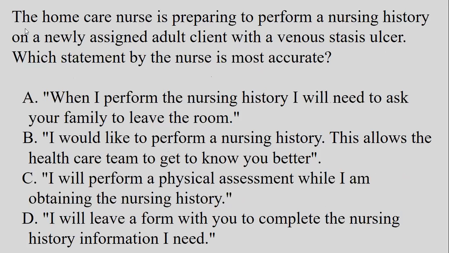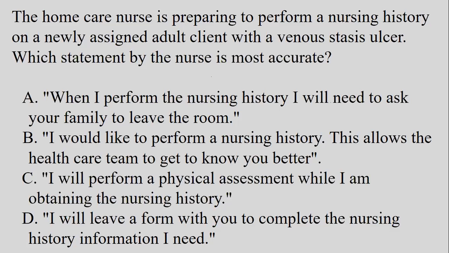Next is Lucrece. The home care nurse is preparing to perform a nursing history on a newly diagnosed adult client with a venous stasis ulcer. Which statement by the nurse is most accurate?